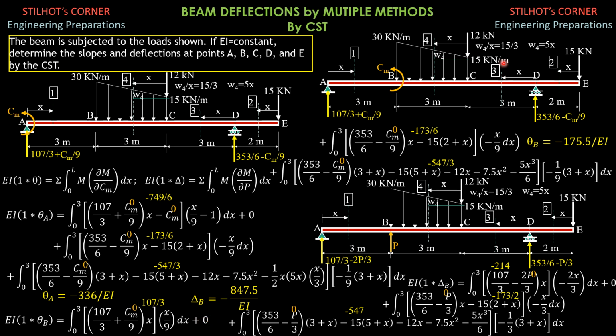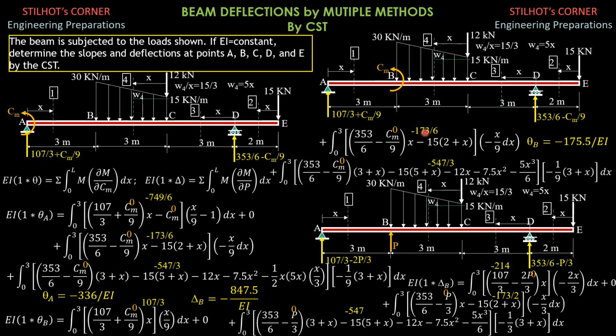The third integral: the moment at this section is the quantity integral 0 to 3 of 353 over 6 minus C sub m over 9 times x, and minus 15 times quantity 2 plus x. The partial derivative of this equation with respect to C sub m is negative x over 9, dx. Setting C sub m to 0, then integrating 0 to 3, the answer is negative 173 over 6.